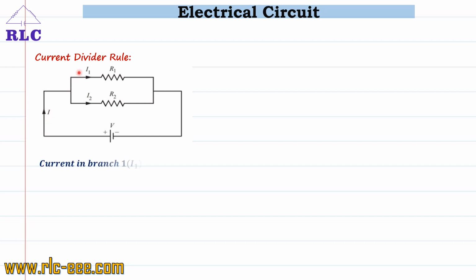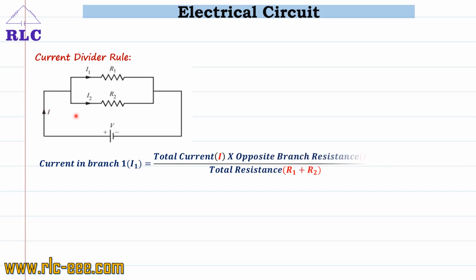Current in branch I1 is given by total current into the opposite branch resistance, that is R2, divided by the sum of the resistances, that is R1 plus R2. So I1 is equal to I into R2 divided by R1 plus R2.